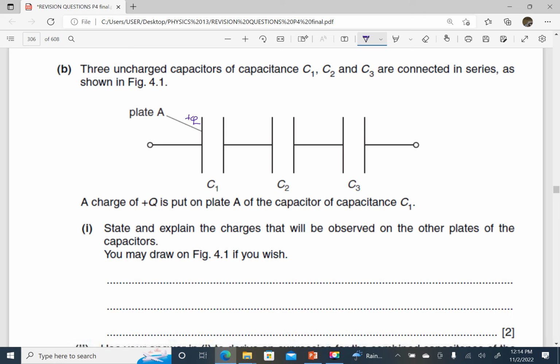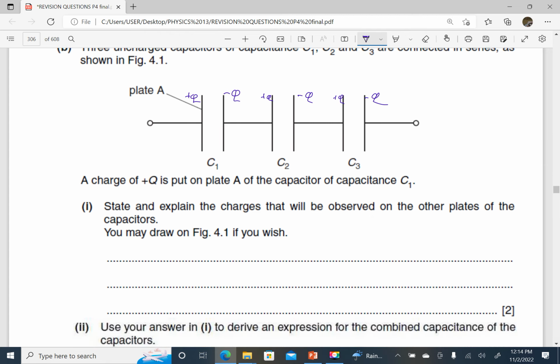If we put positive Q there, automatically there will be negative Q here, positive Q here, negative Q there, positive Q there, negative Q there. So the charges are going to be negative Q, positive Q, negative Q, positive Q, negative Q. Reason?